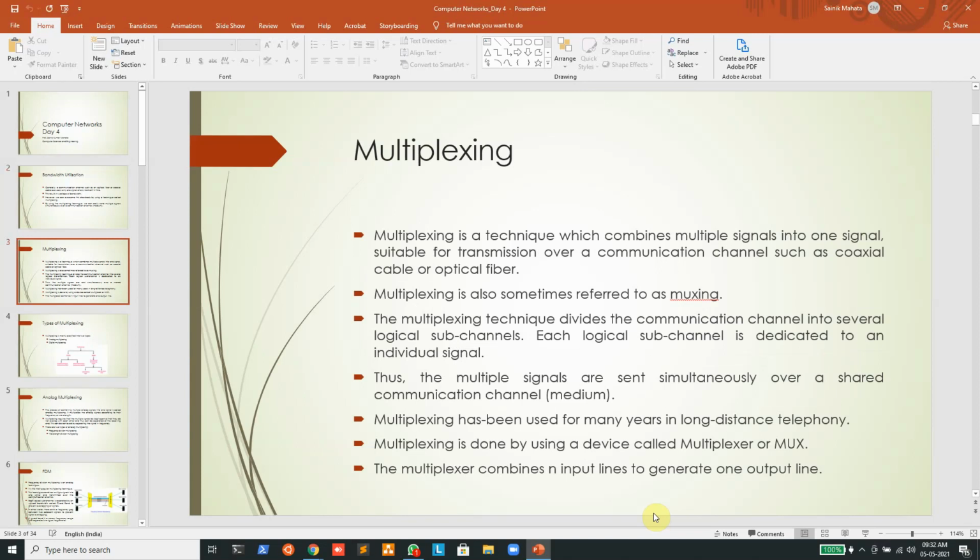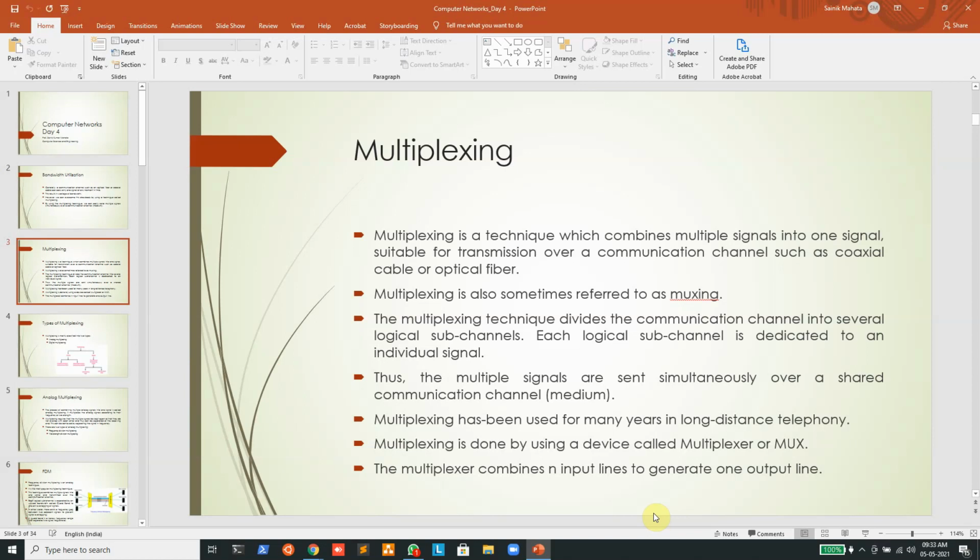Now what is multiplexing? Multiplexing is a technique which combines multiple signals into one signal. In your analog circuit classes, you must have heard of the terms multiplexer and demultiplexer. So we can understand the function of a multiplexer, or of multiplexing. It takes two or three signals.